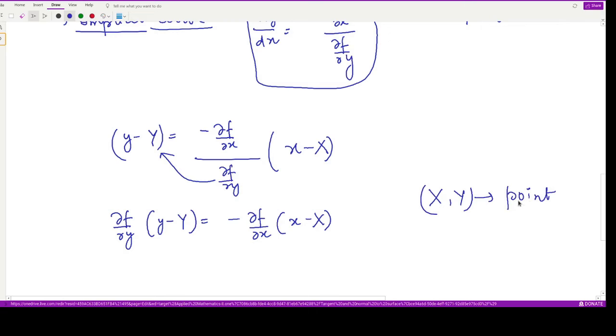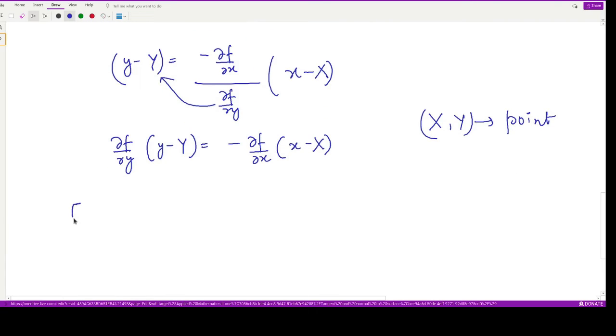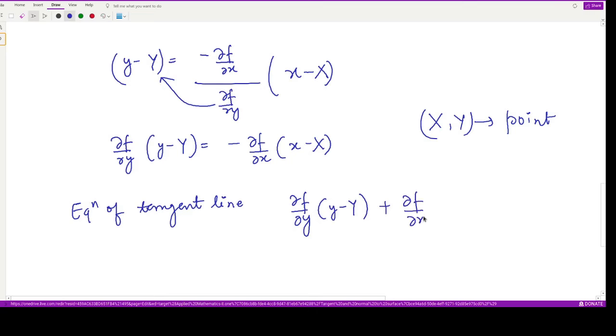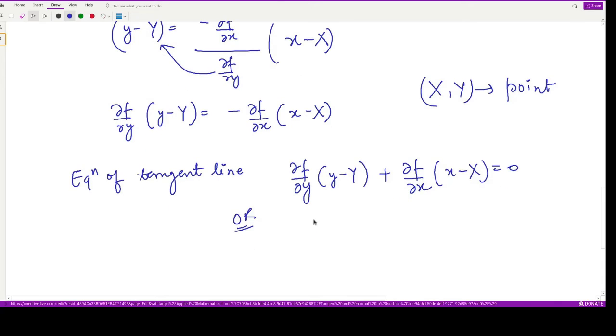So the equation of the tangent line is del f upon del x into x minus X plus del f upon del y into y minus Y is equal to 0.